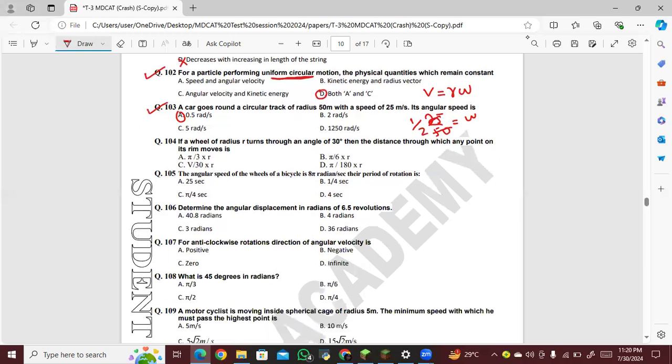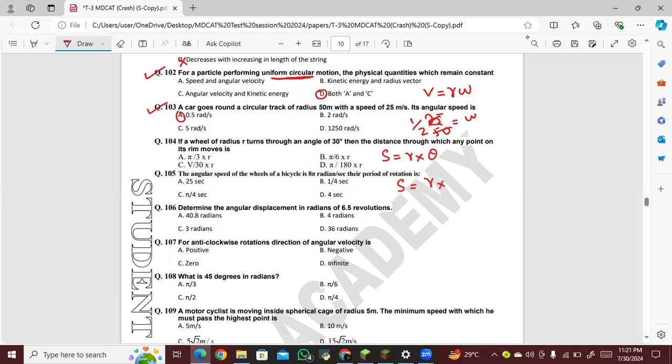If a wheel of radius R turns through an angle of 30 degrees, then the distance through which any point on the rim moves is. We use the formula that relates angular and linear displacement: S equals R theta. It's R and 30 degrees.